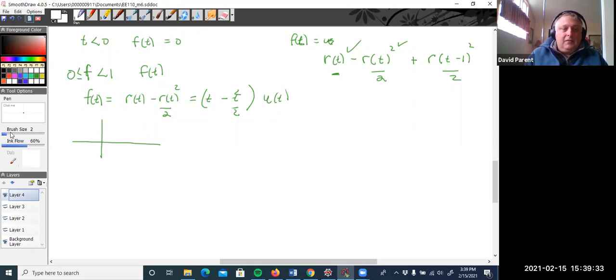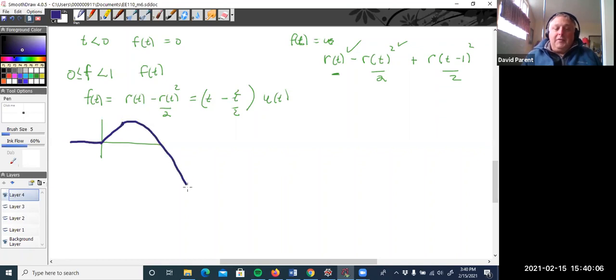If I plot it, before t is equal here. Now here, what I've got is something linear. And when t is less than 1, this term is going to dominate, so it'll be linear. But then this squared term is going to kind of overpower it and keep going down like this.